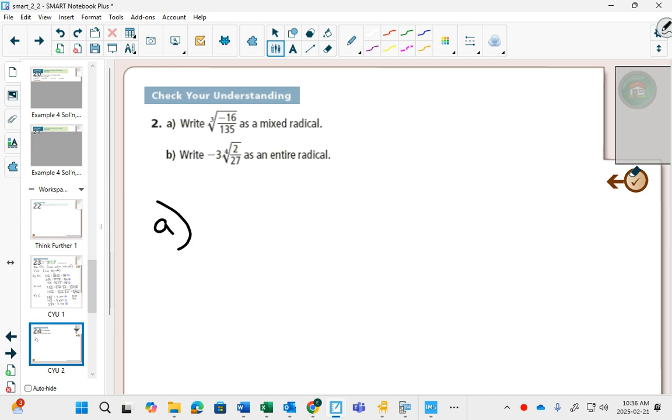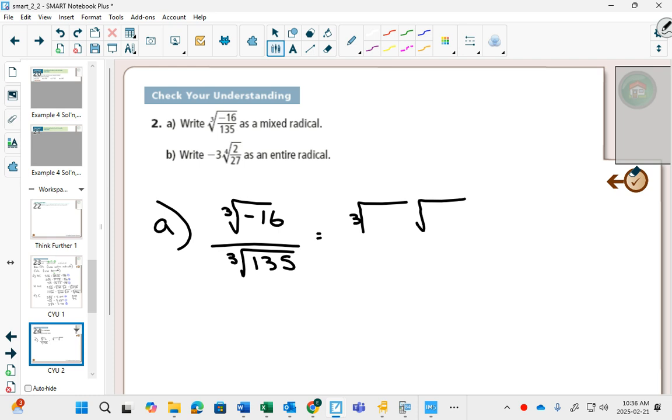And to make our life easier, maybe I start off by just looking at the top and bottom separately. Is there a perfect cube that we can pull out of 16? What's your first perfect cube? 1 cubed is 1. That one we don't worry about. 2 cubed is 8. You can divide 16 by 8? Yes. So we can put the 8 here.